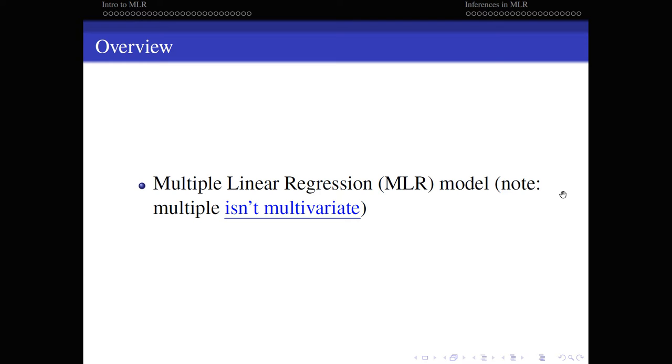However, in multivariate linear regression, sometimes we do have multiple independent variables, but multivariate tends to speak towards the number of dependent variables that we have in the model. So multivariate linear regression would indicate that we had multiple dependent variables in the model, which is not something that we'll discuss in this class.